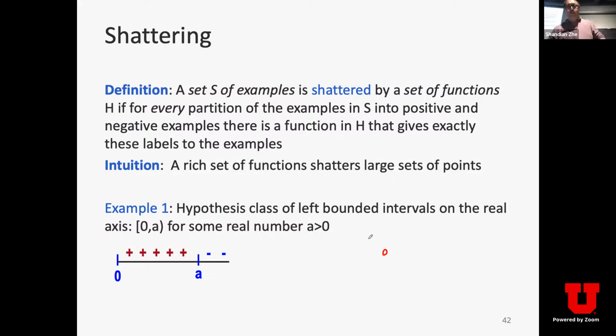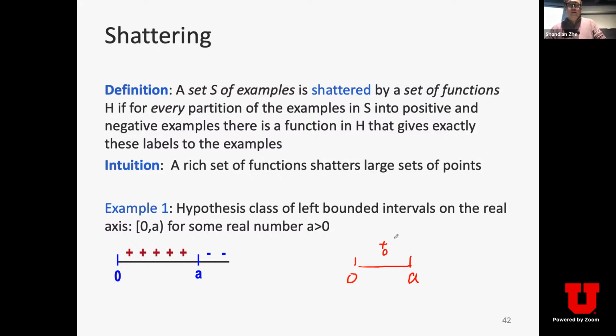The first label is positive. Then I can construct a left bounded interval such that the right end A is bigger than the position of the point, so it classifies this point as positive, making a correct prediction.